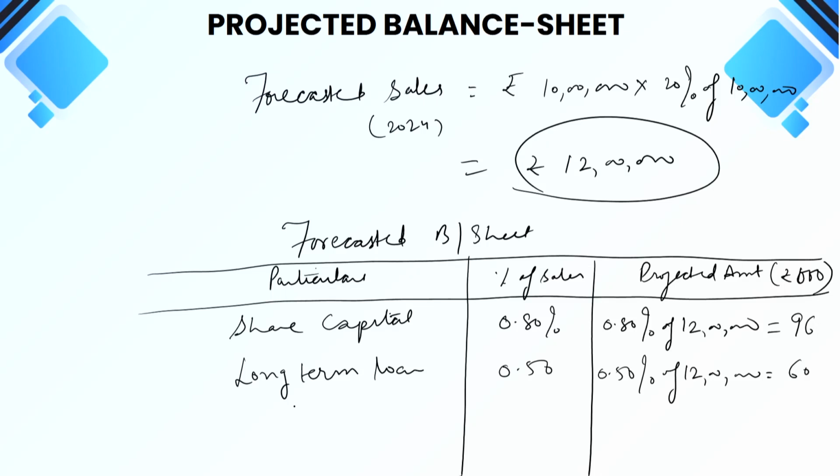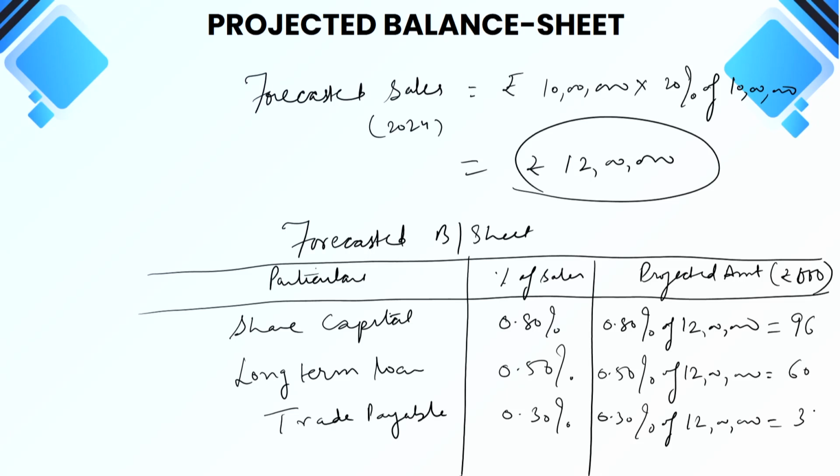Then next is trade payables or the creditors, which was 0.30%. It comes to 36,000. We put 36 over here, and then we have other current liabilities, which is 0.05% of 12 lakhs, 6,000.